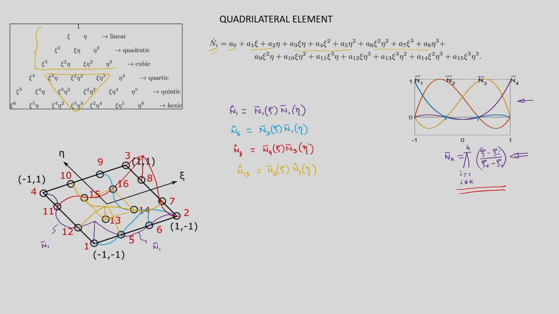Second thing is, for p equal to 3 we have a total of 16 phi i's. So, we have 16 unknowns alpha i's, and so the element stiffness matrix will be of size 16 by 16, because i and j both go from 1 to 16. Similarly, the element force vector will be of size 16 by 1.